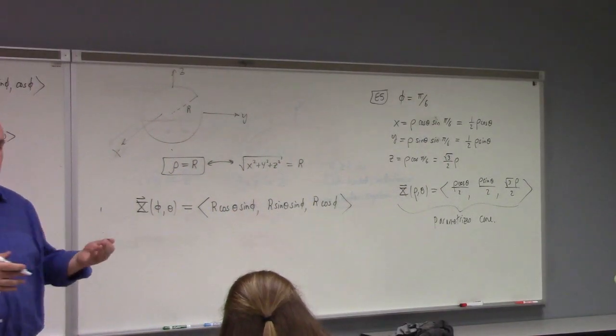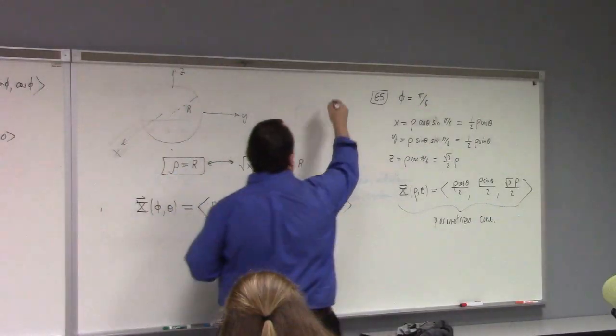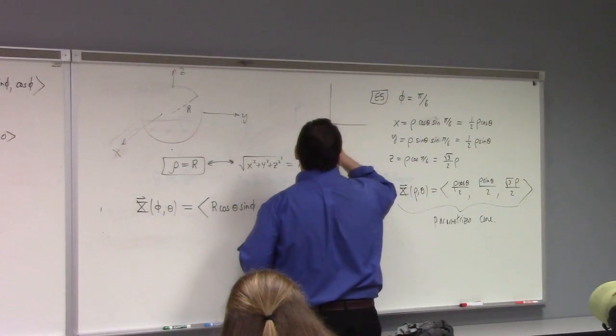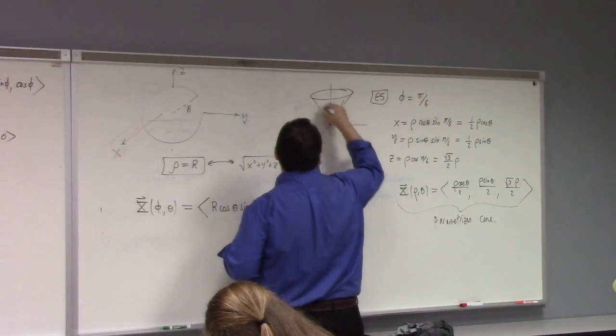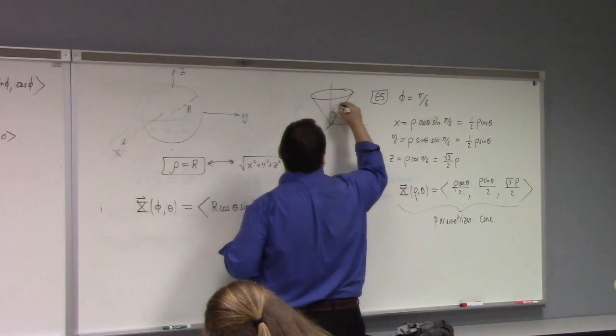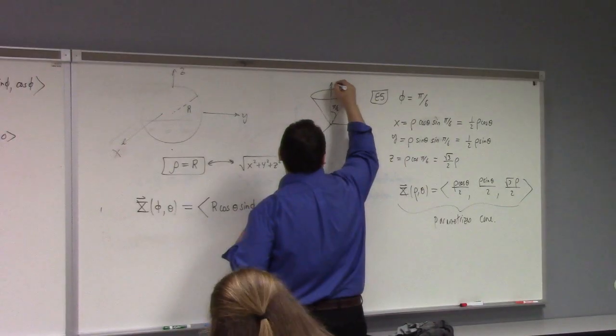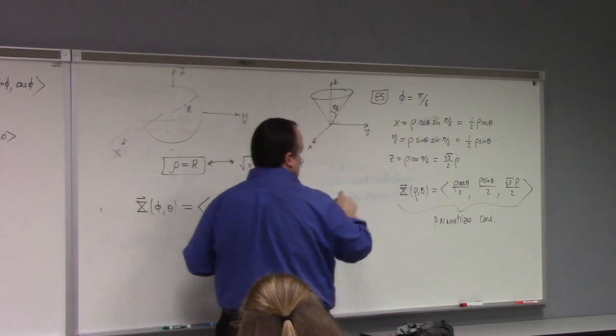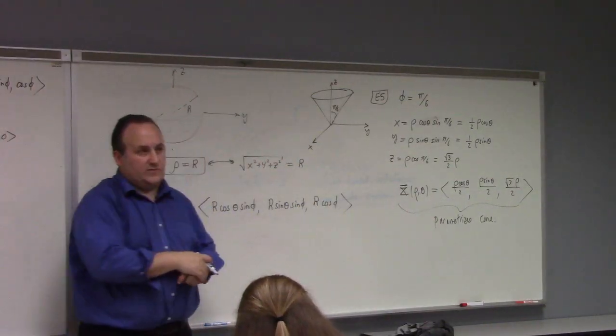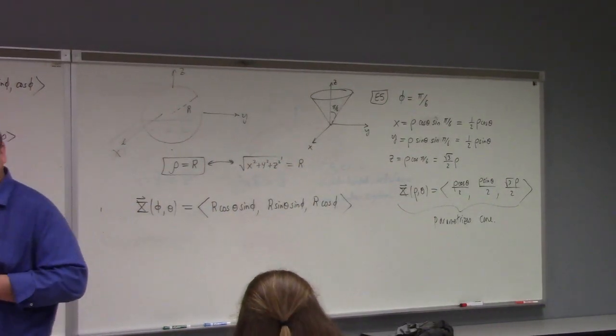If you think about it geometrically, that should be somewhat evident, because we're talking about all points that have angle pi over 6 off the positive z-axis. Well, that's a cone. And how do you parameterize a cone? Just like that. Those are the parametric equations for a cone for x, y, and z respectively.